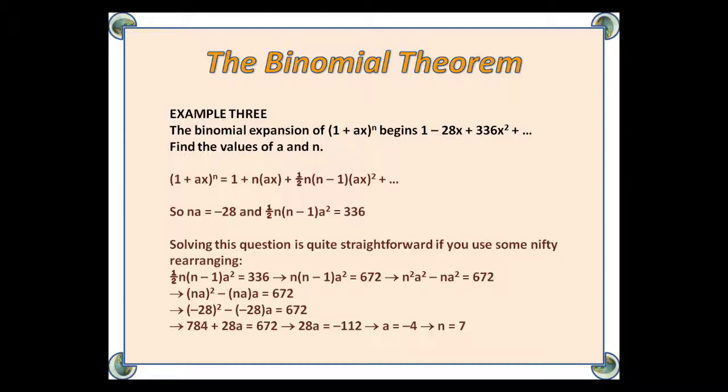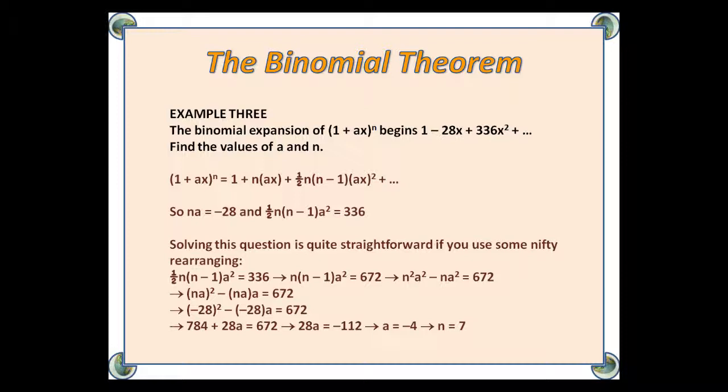Now these are simultaneous equations, but they look a bit complicated. Solving them is quite straightforward if you use some nifty rearranging. Let's focus on half n(n - 1) a squared. If we double both sides, we get n(n - 1) a squared being 672, but then we can regroup our n's and a's. So get rid of the brackets, so we have n squared a squared minus n a squared, and now the clever bit.